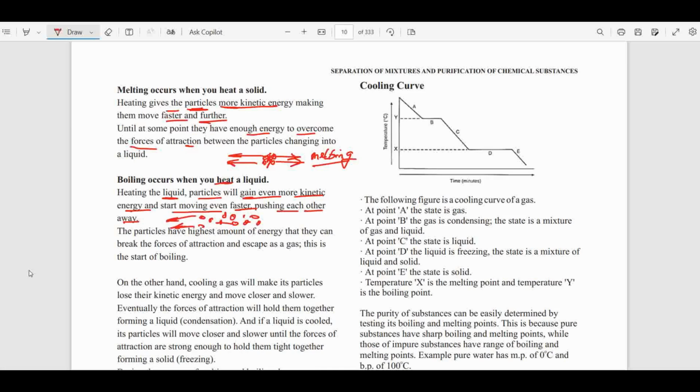Why? Because they've gained kinetic energy. And when that happens, the particles have the highest amount of energy that can break the forces of attraction and then they escape as a gas. And this is when boiling starts to take place. And again, I will also mention that when boiling is taking place, the temperature also remains constant.